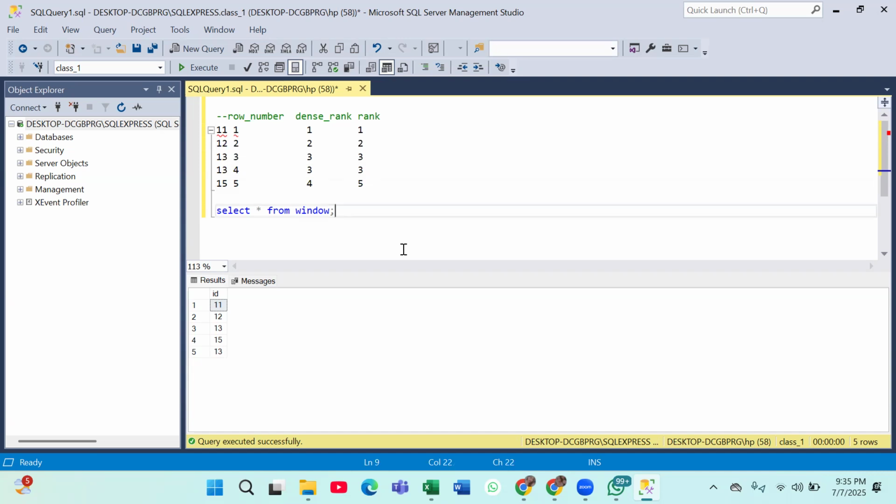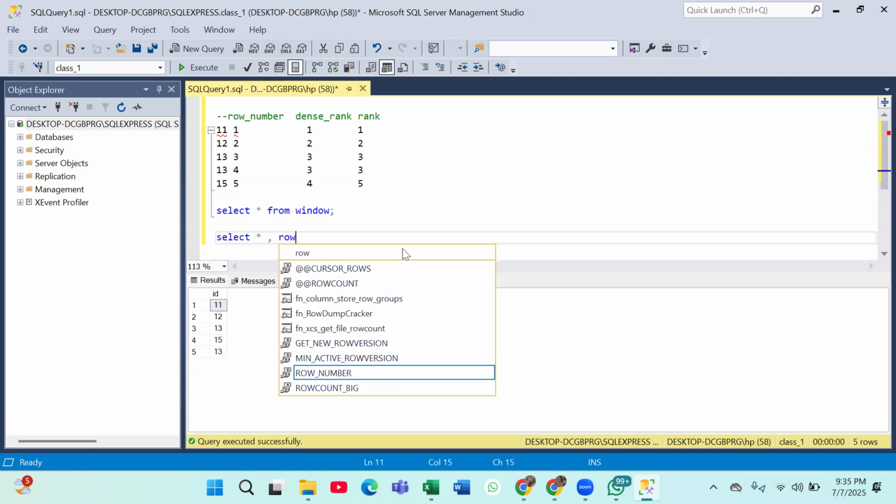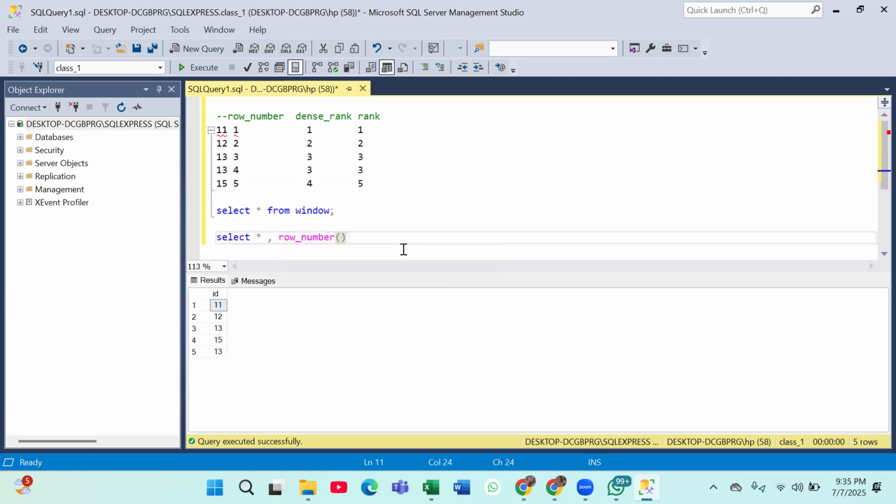So how will my syntax look like? How to write down the syntax? What am I going to put in this bracket? Nothing, right?